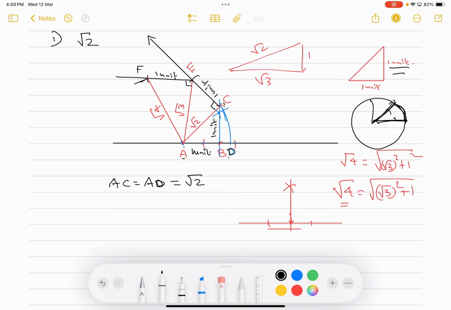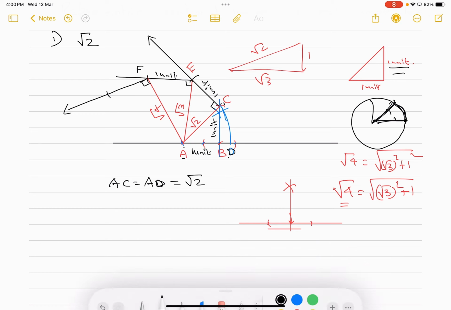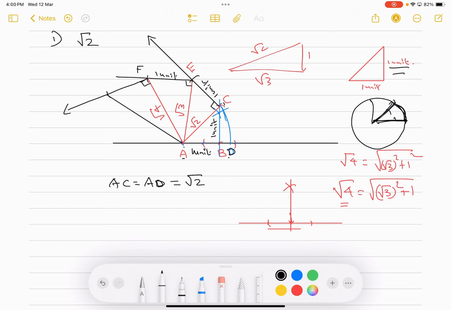So almost it will be like this. It is a perpendicular line here. Then again mark 1 unit and connect this. So that will become root 5, right? Proceed the same way: perpendicular line, 1 unit, like that you have to proceed. Clear? Yes, ma'am.